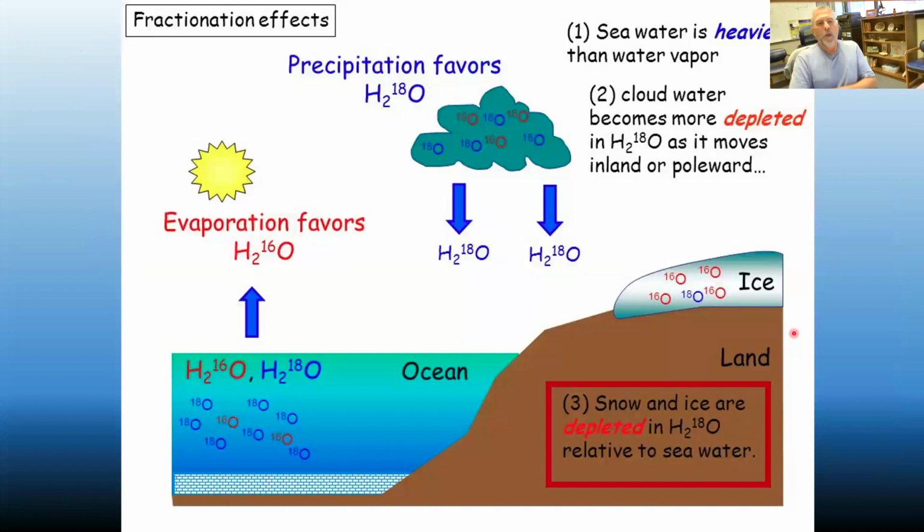So when water evaporates off of the surface or through transpiration from plants, right, that water gets into the atmosphere. And this can include both isotopes, right? So you can have your normal oxygen-16, or you can have your oxygen-18, that heavier isotope. But in fact, when you have precipitation, because again, we've got water, H2O.